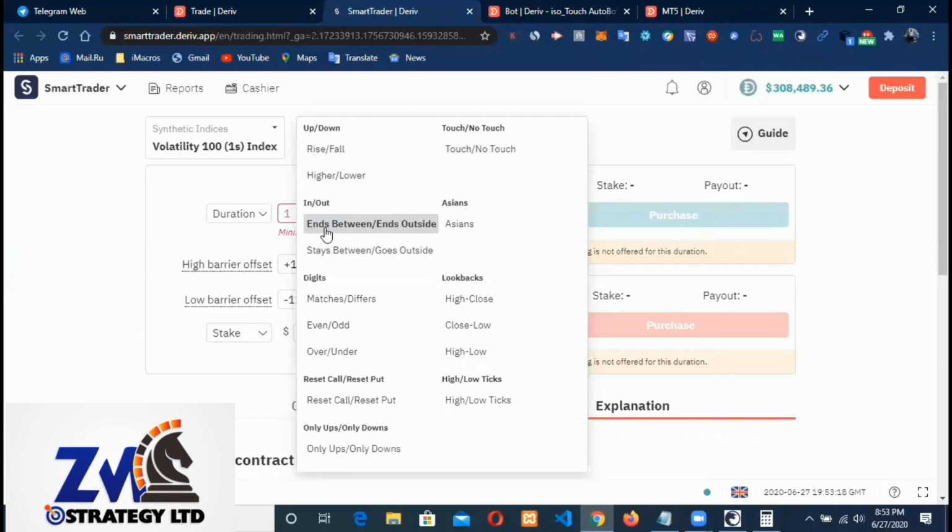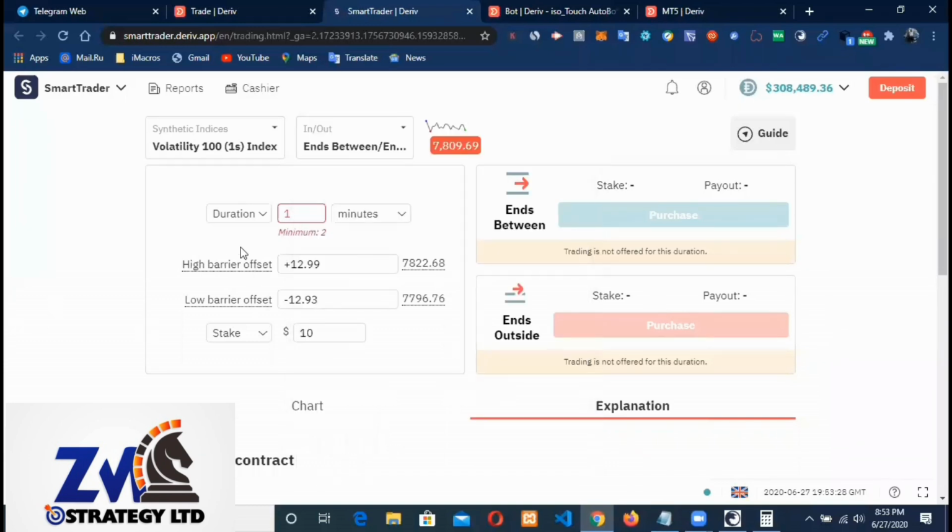Here in end between, it means that while the market is going on, the market must not go outside the barriers which you are making use of. So let's see the difference. Let's click on the end between and end outside.